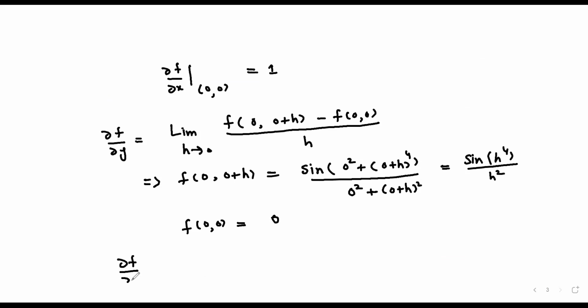Partial f by partial y is equal to the limit as h approaches 0 of f(0, 0 plus h), which is sine of h raised to power 4 divided by h squared, minus f(0, 0), which is equal to 0, divided by h.